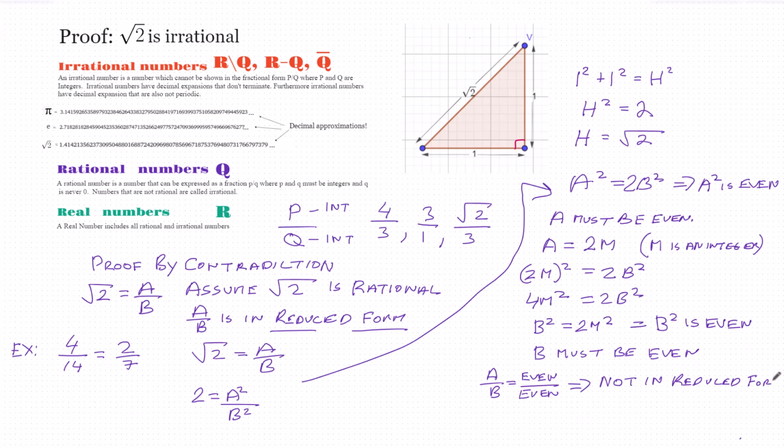Therefore root 2, which equals a over b, must be irrational. And this completes our proof. Thank you.